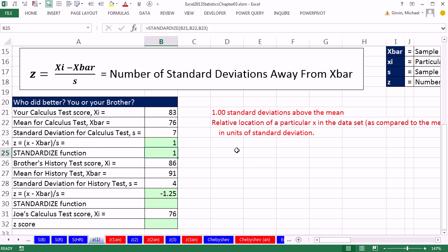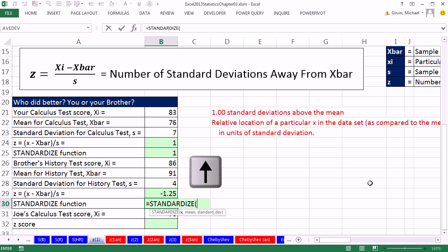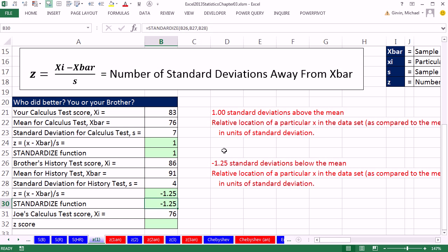That means we have a standardized value that we can use to compare with other particular x's in other data sets. We could do STANDARDIZE down here. X, comma, mean, comma, standard deviation, Control Enter, minus 1.25 standard deviations below the mean, the relative location of a particular x in a data set as compared to the mean in units of standard deviation.